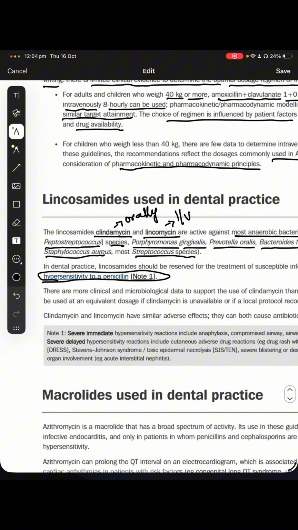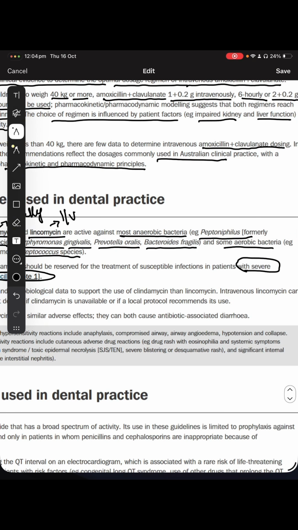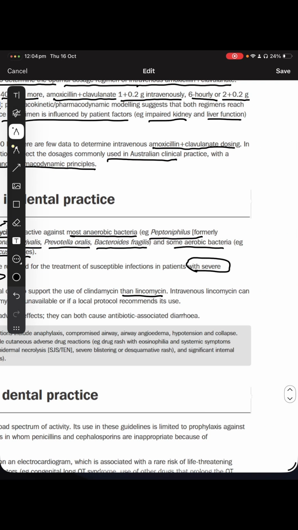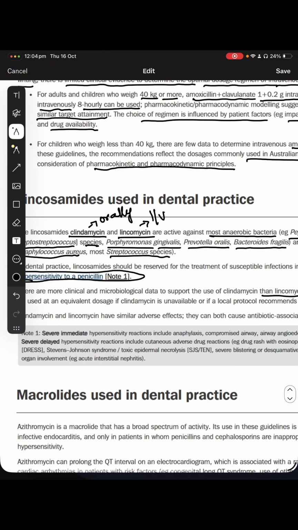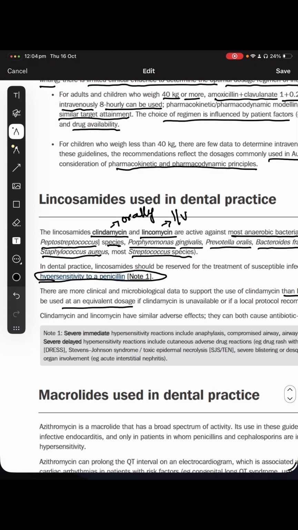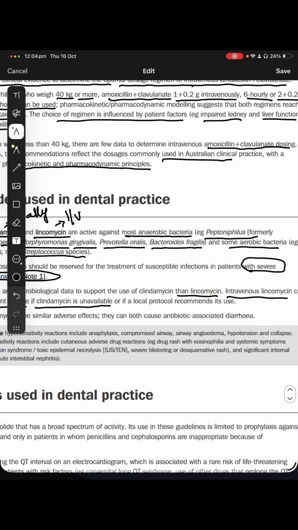There are more clinical and microbiological data to support the use of clindamycin than lincomycin. IV lincomycin can be used at an equivalent dosage if clindamycin is unavailable or if a local protocol recommends its use.